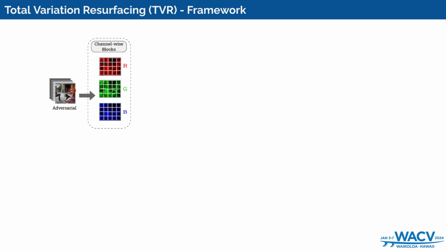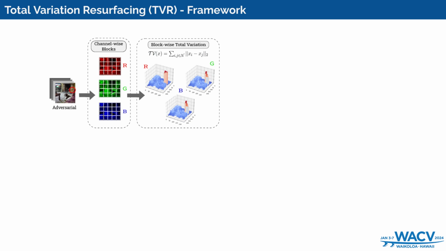Let's look at the TVR framework. First, we convert the image channel-wise and divide it into multiple blocks, and this number of blocks is predefined based on your experience as well as the patch size that you know. Then we calculate the total variation loss over the whole image landscape.